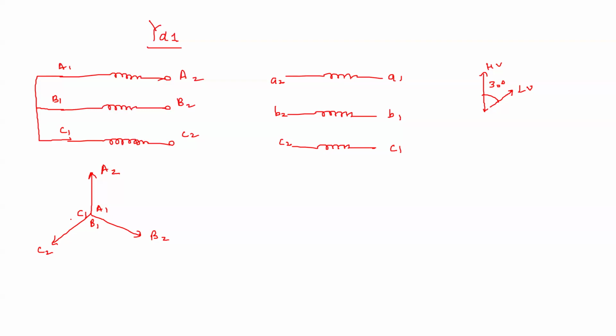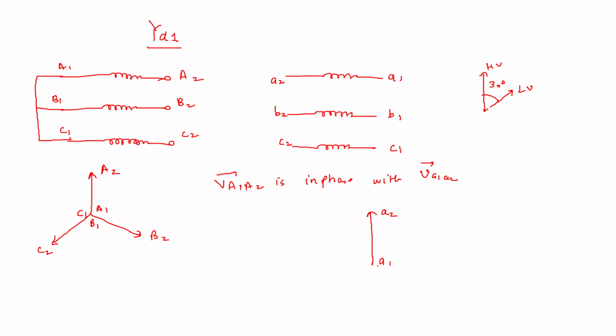Now what we have to do here is draw in such a way that, first of all, we have to follow that small V A1 A2 is in phase with capital A1 A2. Okay, so it has to be in this way. So this is A2, this is A1.